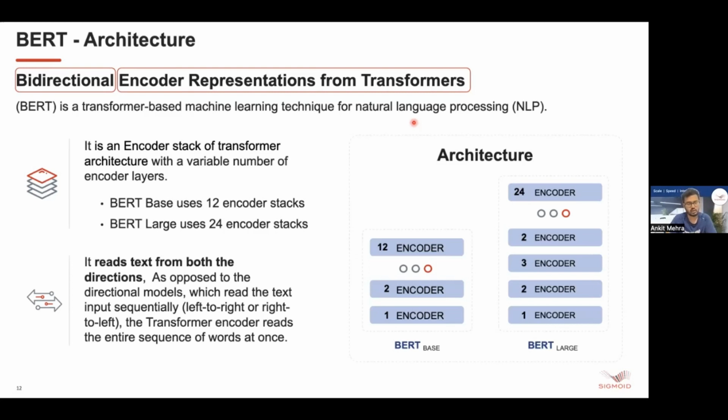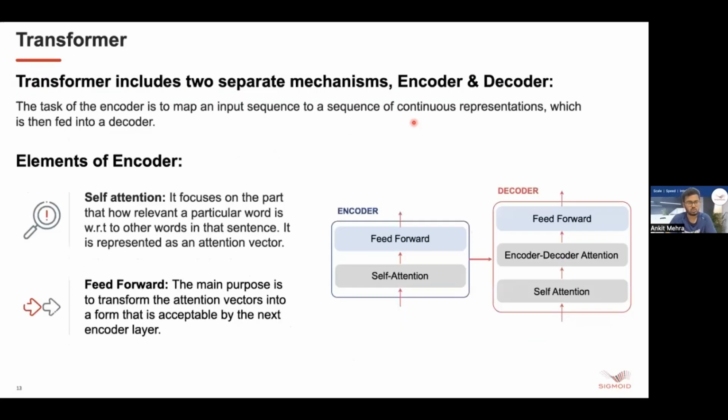Now let us look at transformers. So a transformer basically includes two important blocks, encoder and decoder, where the job of the encoder is to map the input sequence to a sequence of continuous representations, which are then fed into the decoder.